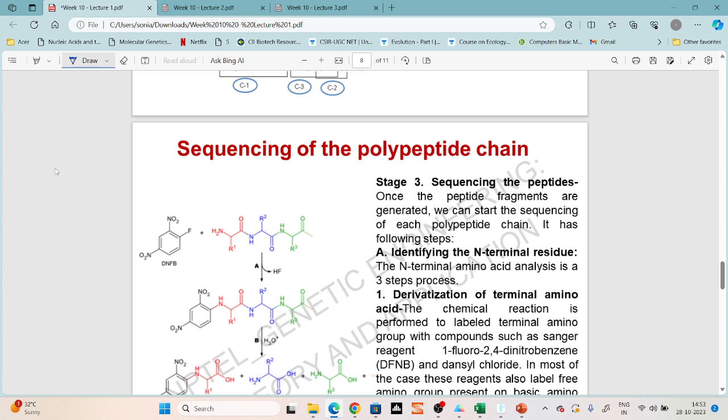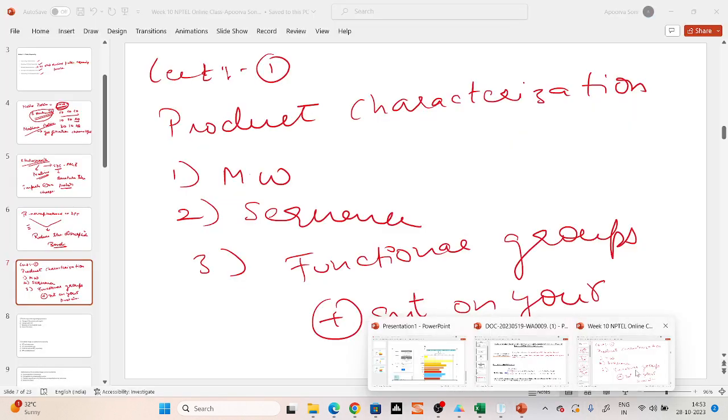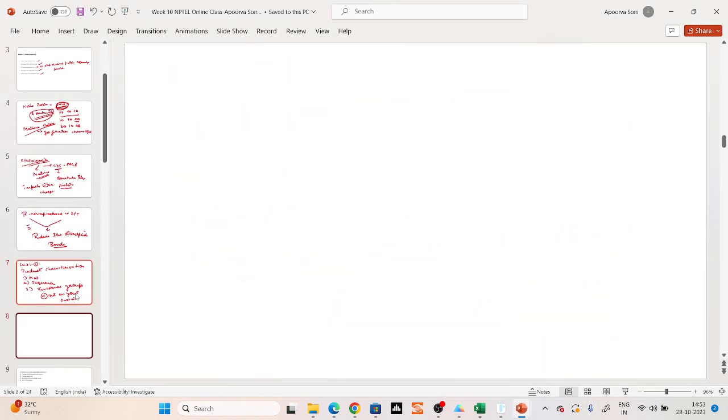Suppose, I'll just show you. This is a basic principle, right? This principle will be used in both Sanger and Edman degradation. So if this is your polypeptide chain, and this is your N-terminal, and this is your C-terminal, there will always be an N-terminal amino acid and a C-terminal amino acid present at the extreme ends.